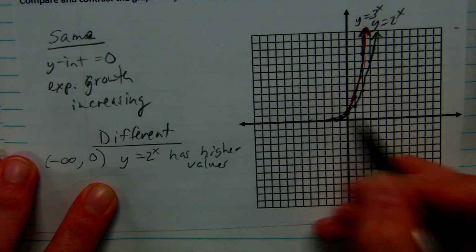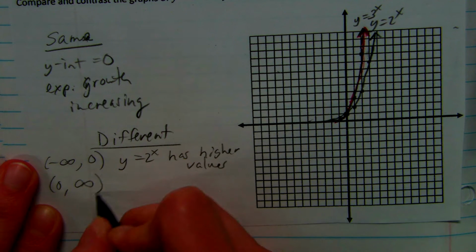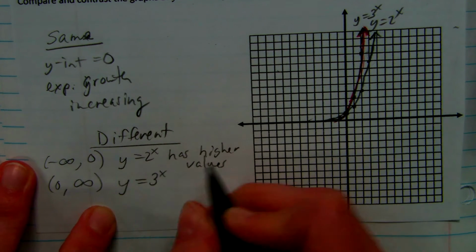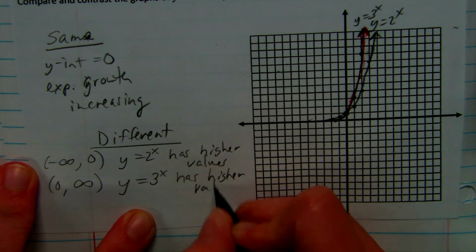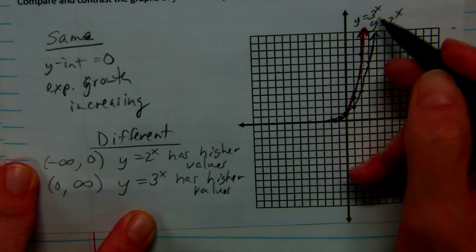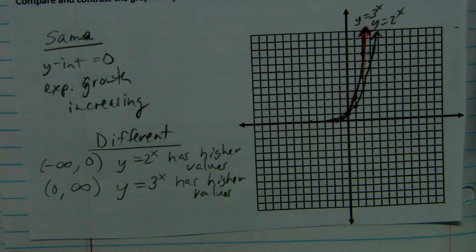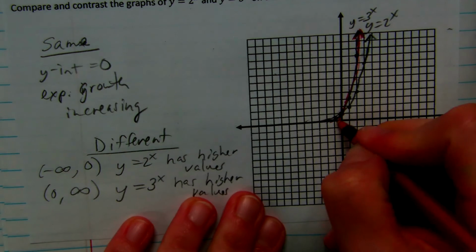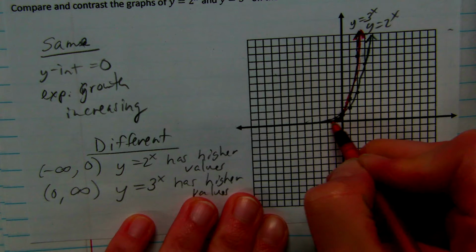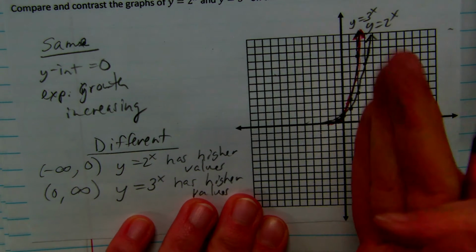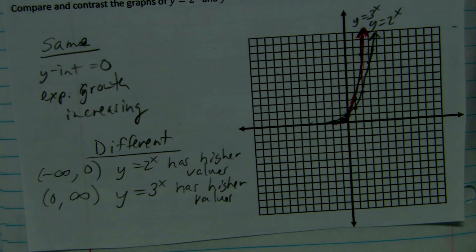And then if I go from 0 to infinity, y equals 3 to the x has higher values. It's a little steeper if you want to say it that way over here. But they do flip-flop on the left side. So that's the point I really wanted to get across to you guys. This one in red, the 3 to the x, actually has lower values when you get to the left of 0. Okay? So this is just getting us lots of information.